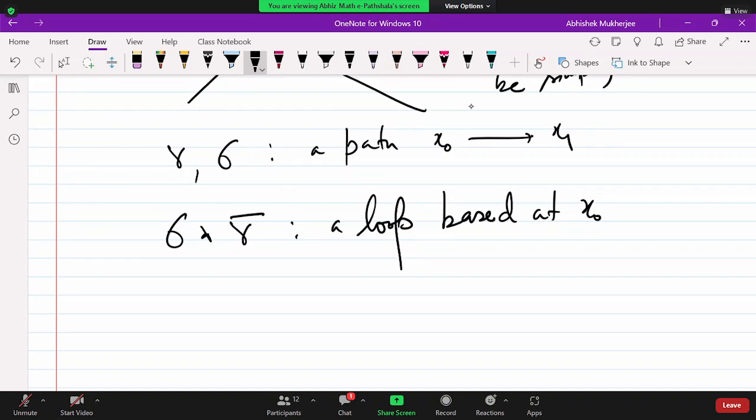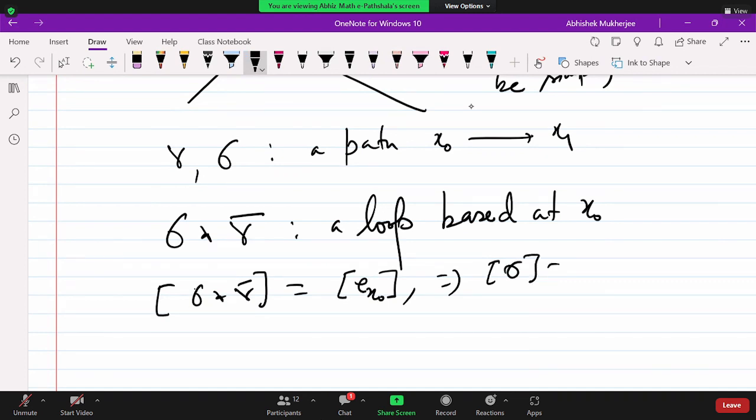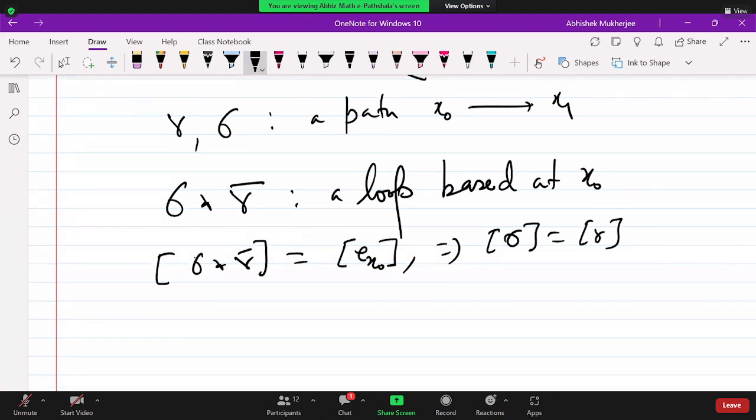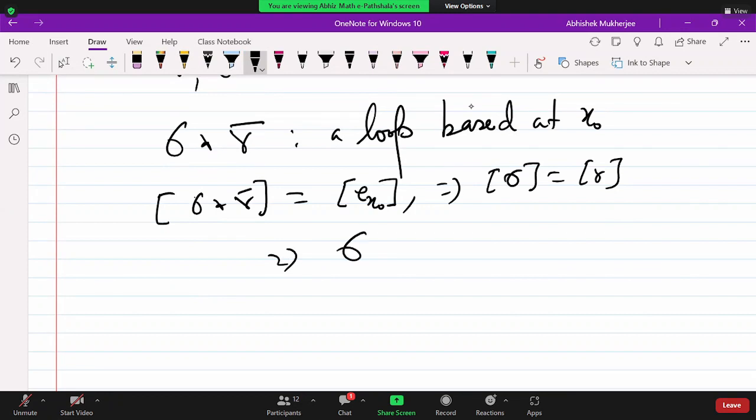But since you are living in a simply connected space, the path homotopy class of this loop turns out to be the identity, the trivial element, right? And therefore, these two classes are the same. That is, sigma is path homotopic to gamma. So any two paths having the same terminal points are path homotopic.